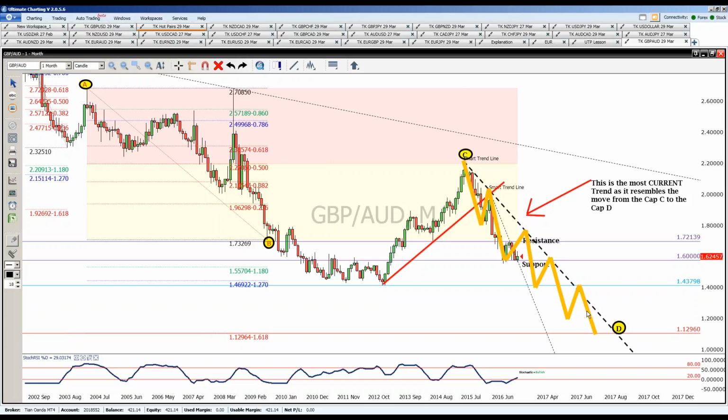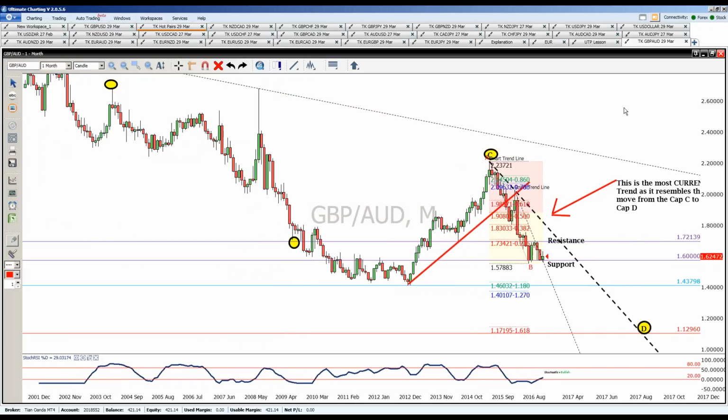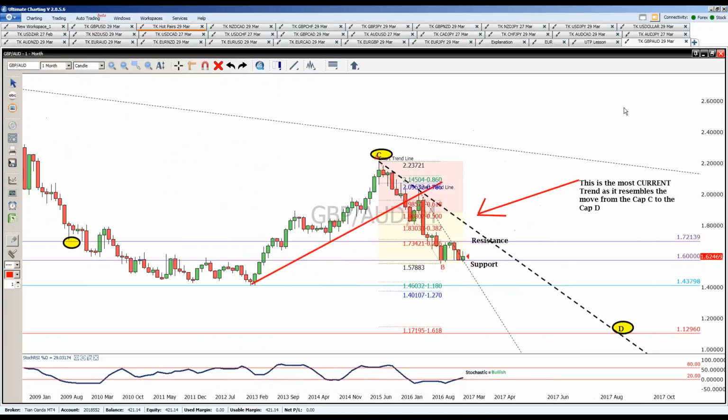And because of that, I am now going to focus on the sub ABCDs all the way from the C to the D. So I'm going to start my Fibonacci tool at the capital C, and I am just going to remove the capital ABCD, the capital AB boundary.